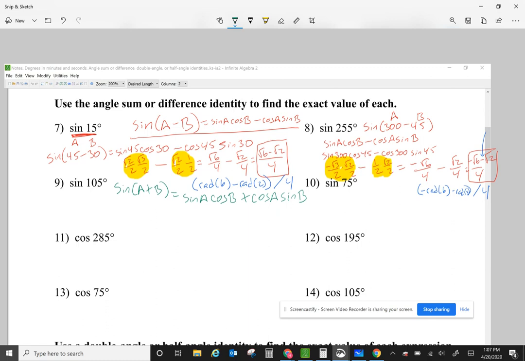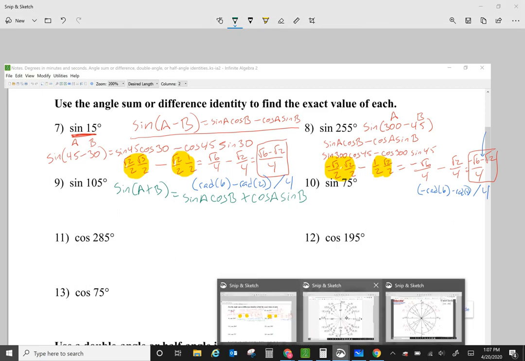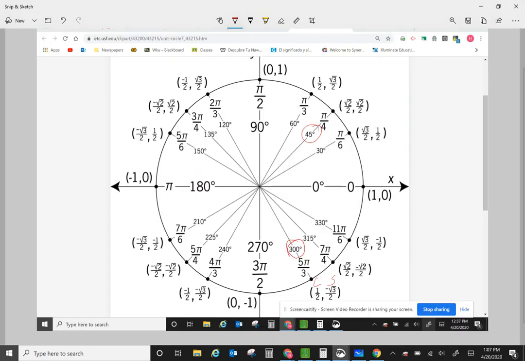All right, so I'm thinking two numbers, two angles from my unit circle that add up to 105. Let's remember the unit circle. Two numbers from a unit circle that when I add them is equal to 105. I'm going to think 60 plus 45. The order doesn't matter.